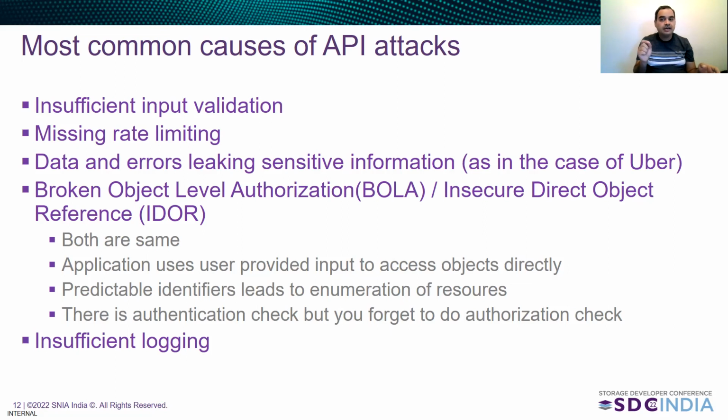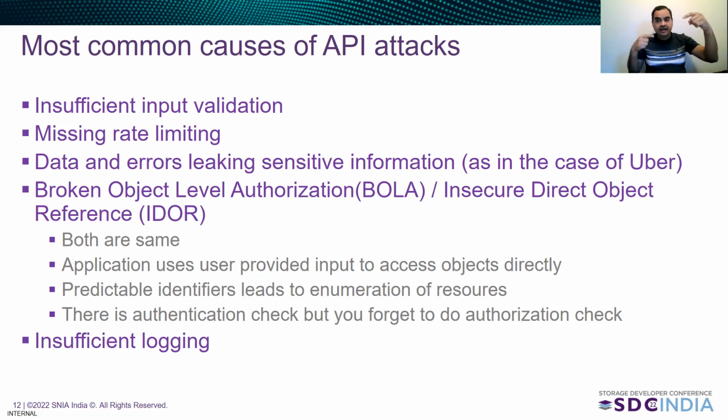Like I said, numbers. If you are putting a unique number 1 to 10 or some enumeration, then it becomes easier for the attacker to try enumeration. See how this links. That you are putting a predictable identifier, some kind of number, and you're not doing rate limiting.